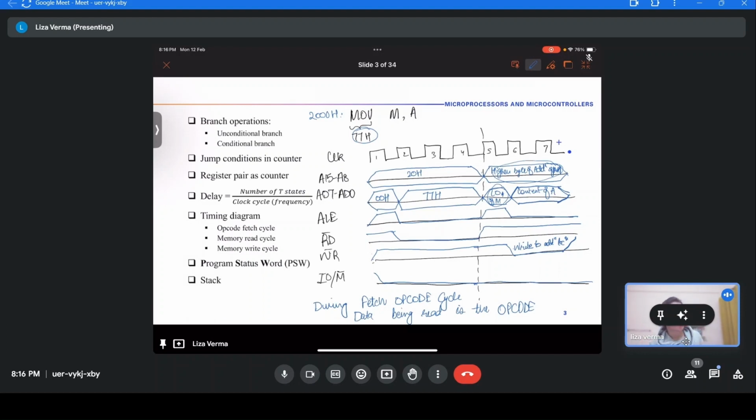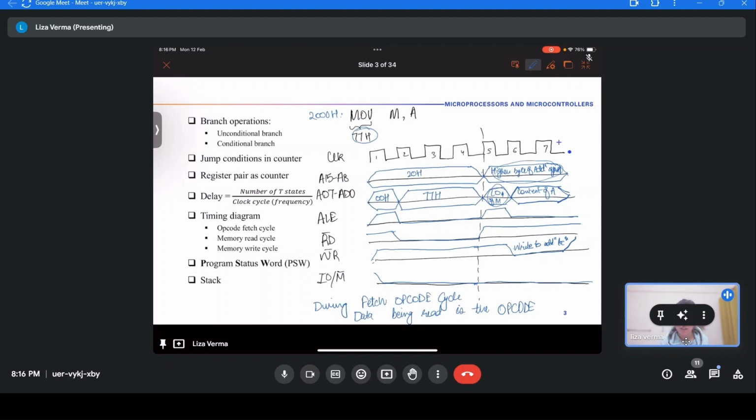So the next thing is the program status word, PSW, which is a register pair of A and the flag register. Basically, it contains all the current status of the microprocessor. After all the operations are done, the result goes to the accumulator, and flags are modified.